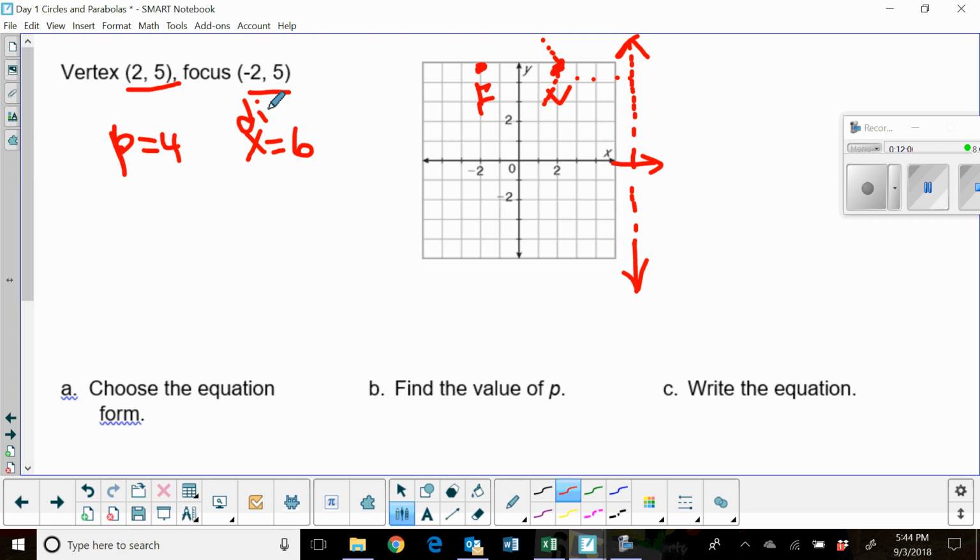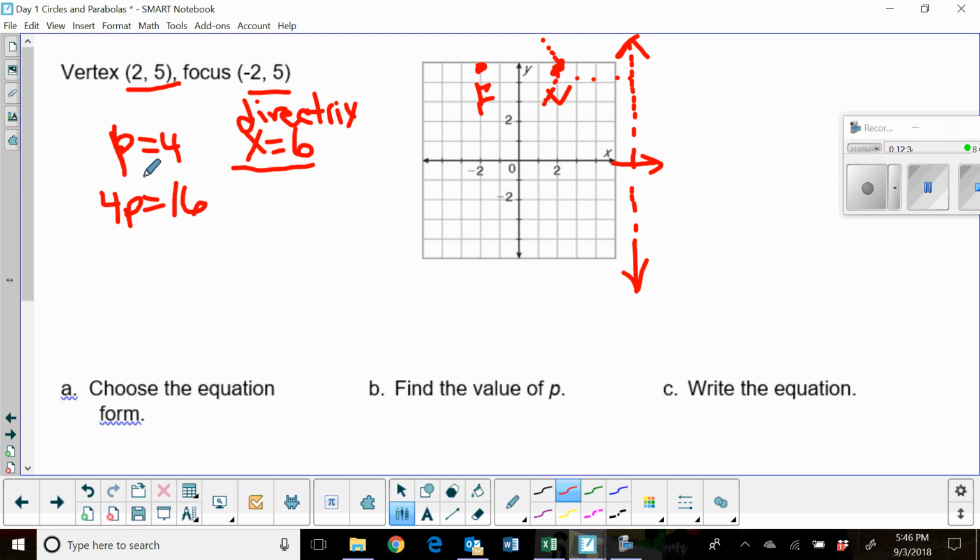So we know what P is. We've got our vertex, and we've got some information to help us get this graph. Now, in my equation, I need to write 4P, so I'm going to do 4 times P. We're solving for 4P, and 4P is equal to +16.